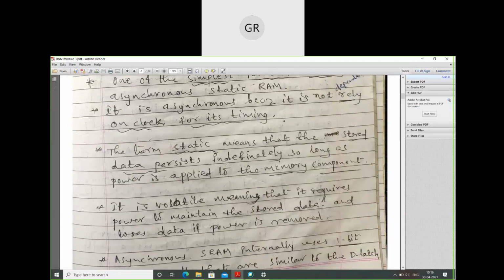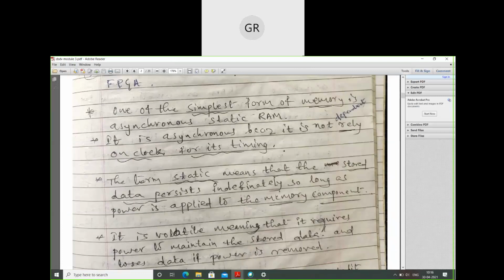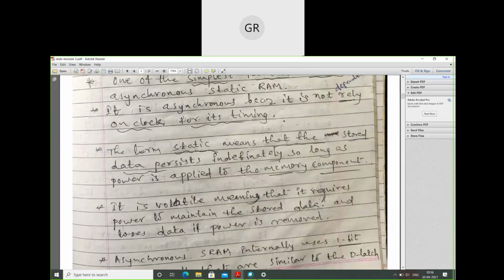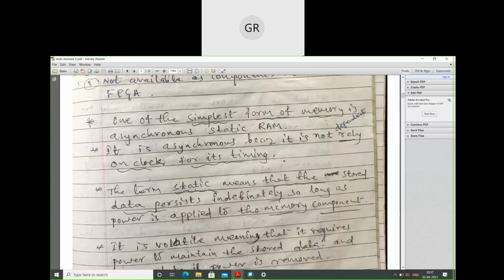Asynchronous SRAM is a simple form of memory. It is volatile. Why is it called volatile? It requires power to maintain the stored data and loses data if power is removed. Asynchronous also means it is not a clock-based memory.